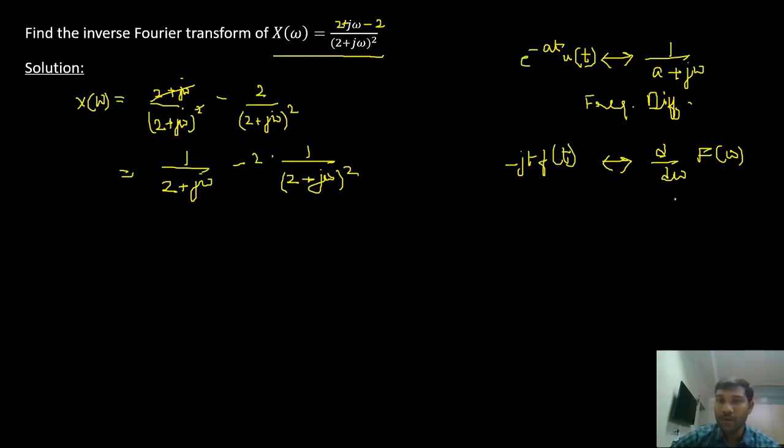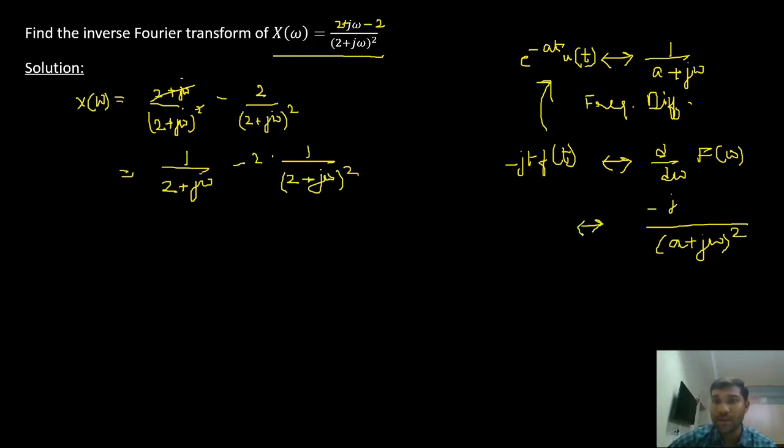So minus jt into f of t. Now I'll apply frequency differentiation for this Fourier transform pair, d by d omega of 1 by a plus j omega. So what is that? U by v formula, right? It is (a plus j omega into differentiation of 1, that is 0, minus 1 into differentiation of a plus j omega, that is j) by (a plus j omega) whole square.